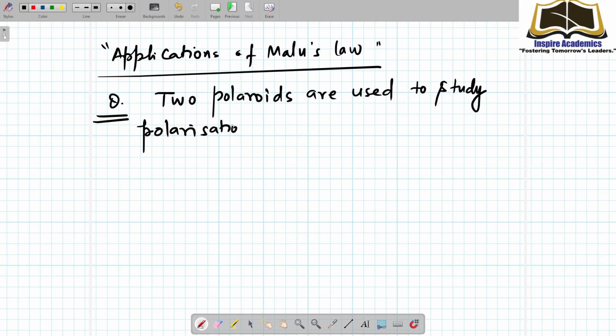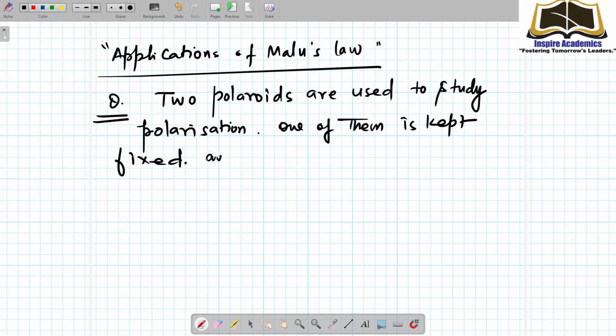One of them is kept fixed and the other is initially kept with its axis parallel to the polarizer axis.